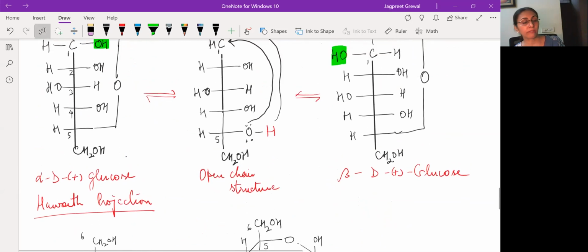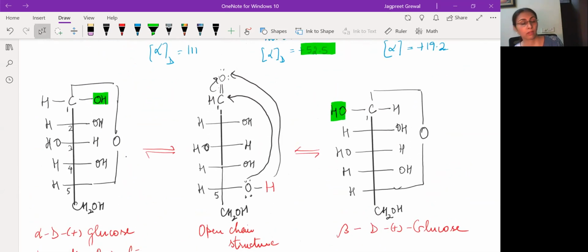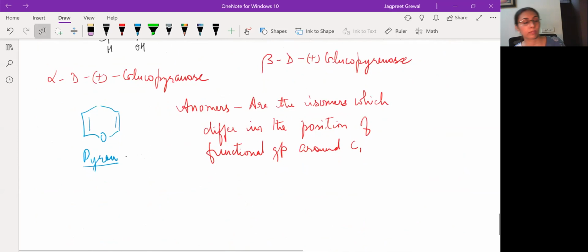So that is the only difference in the two. Such isomers are known as anomers.